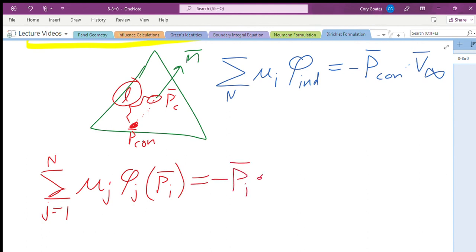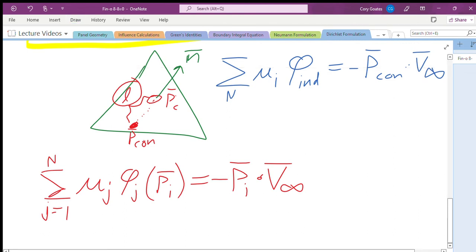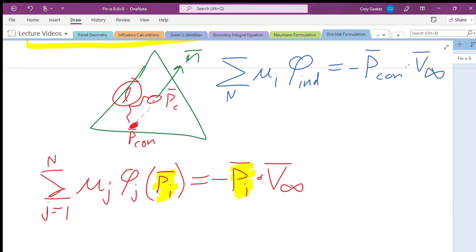Okay, so for each row of my equations, and you can see that we're going to turn this into a matrix equation, for each row I'm looping through control points, and for each column I'm going through panels that induce a potential.